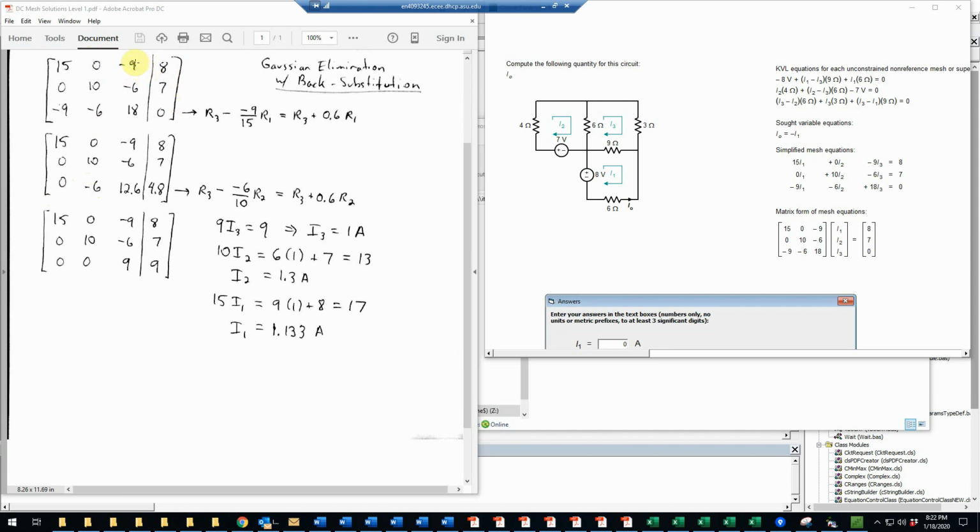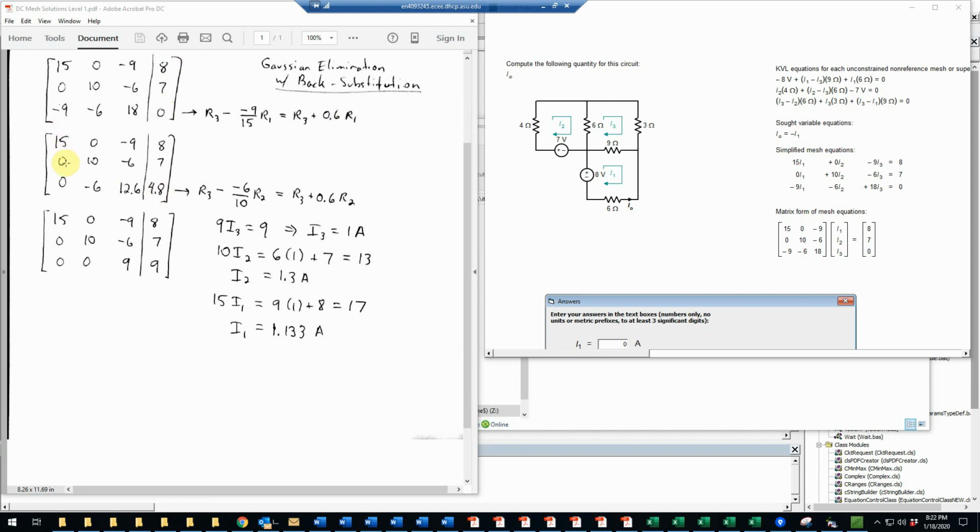In this case, we do have something, so we take 0.6 times that, so that would be negative 5.4. Add that to 18, and 18 minus 5.4 gives us 12.6. And then here we have 8 times the 0.6, so that will give us 4.8. And so we add 4.8 to 0 and just get the 4.8 down here.